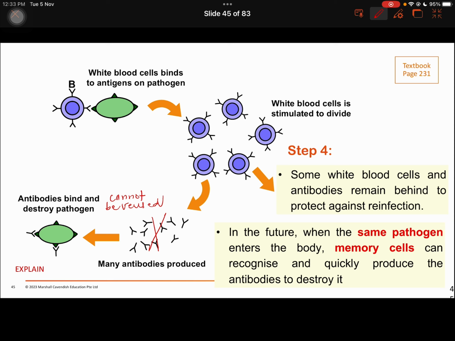But your white blood cells have already been trained to produce many antibodies when a similar viral or bacterial infection happens in your body, because these white blood cells have become memory cells. They remember how the pathogen looks, and when they meet a similar pathogen again, they can quickly divide and produce many antibodies to attack the pathogen inside your body.